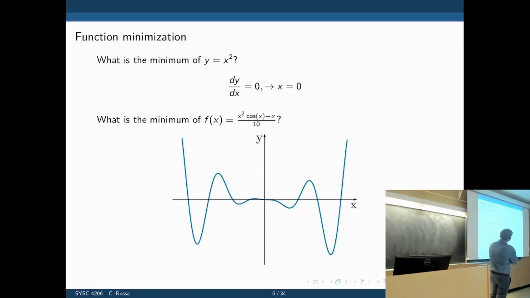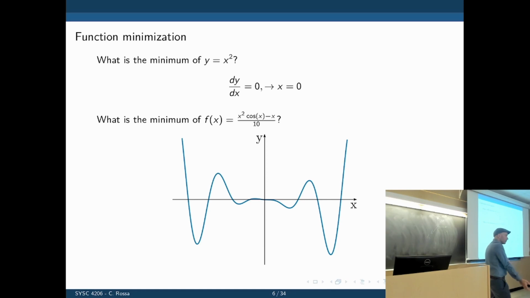Let's assume the first function there, y equals x squared. What's the minimum of that function? 0, right? At x equals 0, that's where the minimum occurs, and the minimum is 0. How do we find it? We simply take the derivative of the function with respect to x, equate that to 0, and solve for x.